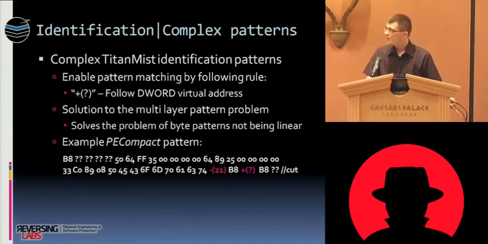This is the way we can have complex patterns which enables us to have better quality pattern matching and be sure that the pattern we have matched is really that signature, because as I said, if we only match the first part, this would be way too short and way too easily spoofed. So this also solves the problem of patterns not being linear, because now you can just follow DWORDs anywhere you want, and you can just continue anywhere you want.